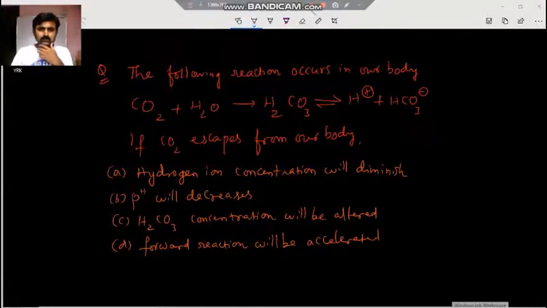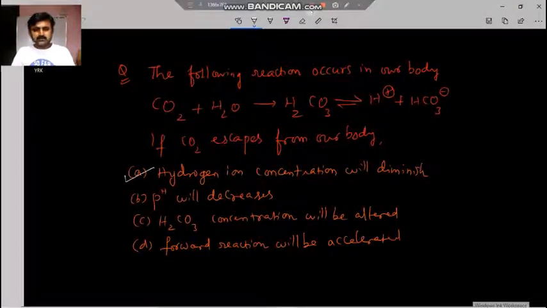Once the chemical reaction happens, carbon dioxide gets escaped from our body. Because of CO2 escaping from our body, what will happen? It will diminish the concentration of hydrogen ion in the reaction. So option A is the right option for this question. Option A is the right answer.